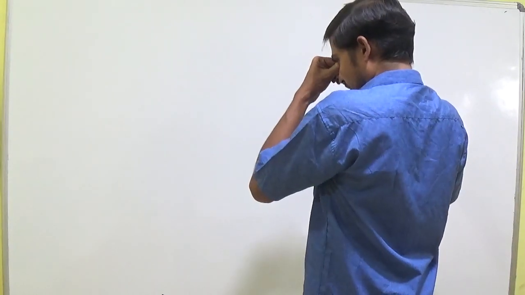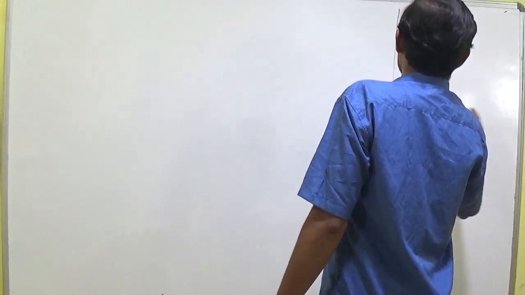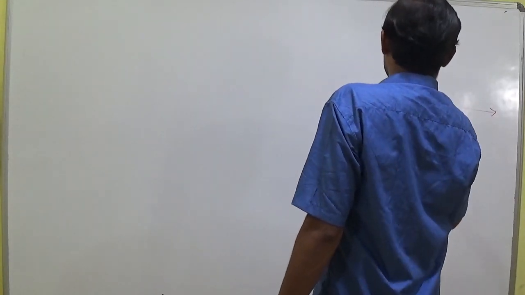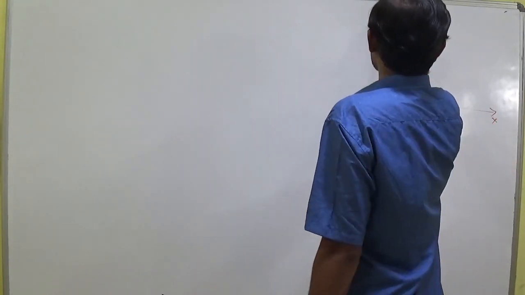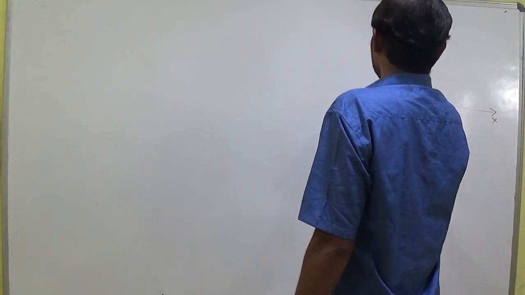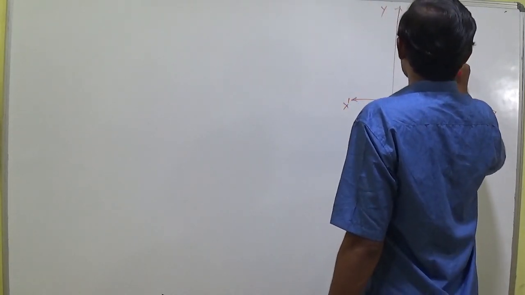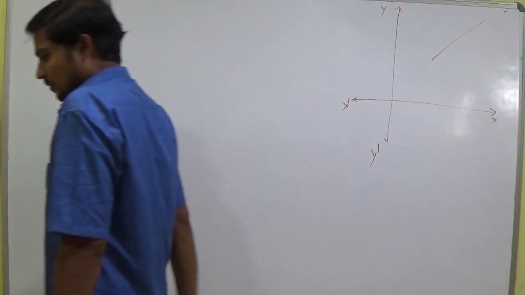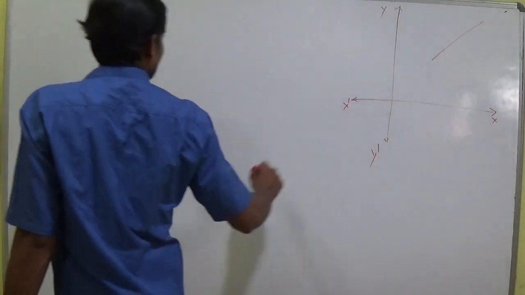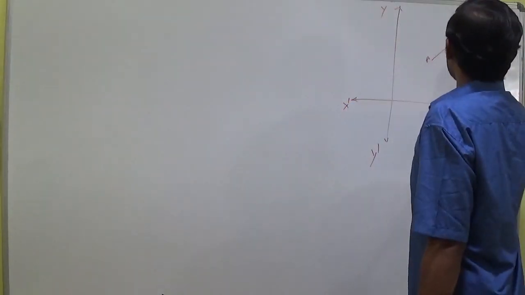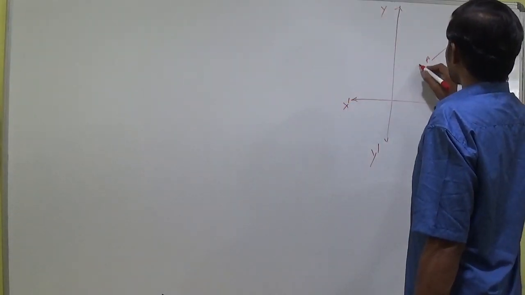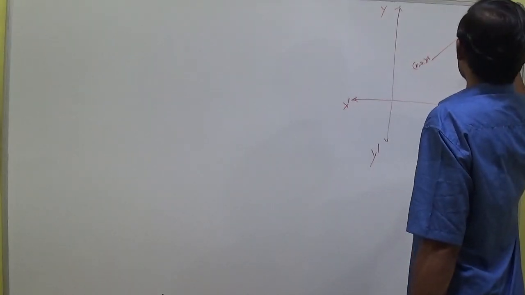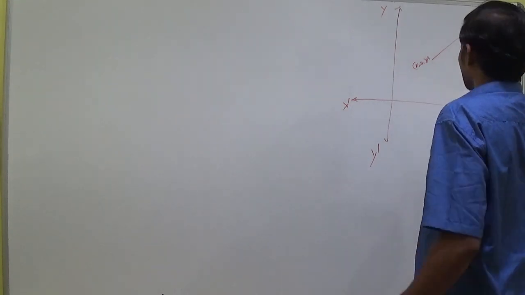In a Cartesian plane, with x, y, y dash, x dash axes, suppose there are 2 points A and B. The coordinates of A are x1, y1 and the coordinates of B are x2, y2.